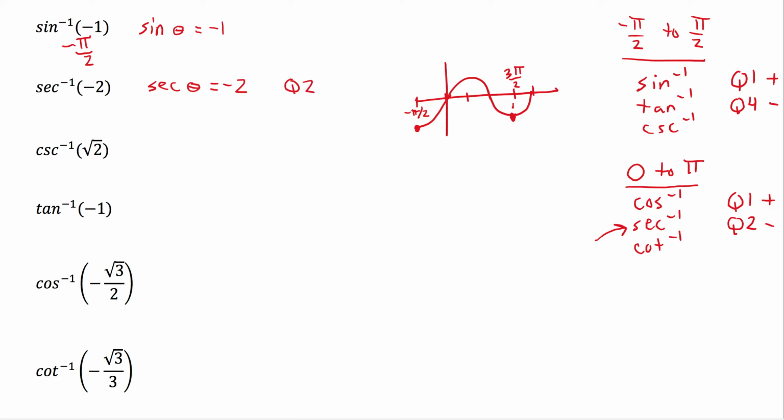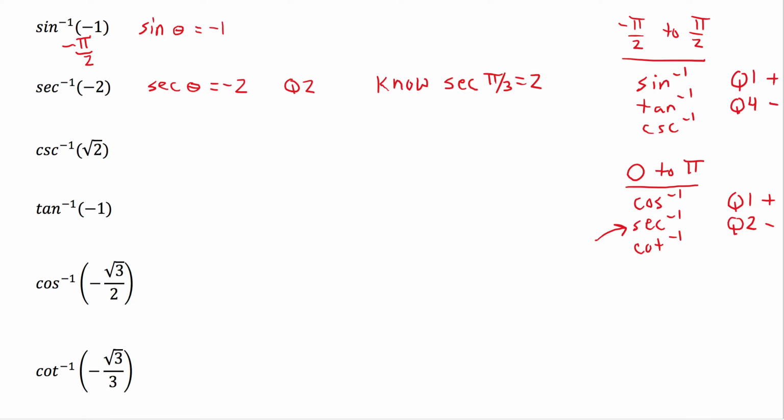Okay, so I'm going to think then about what I know about secant. So what I know is that secant at pi over 3 is equal to positive 2. Okay, that is my memorized value.